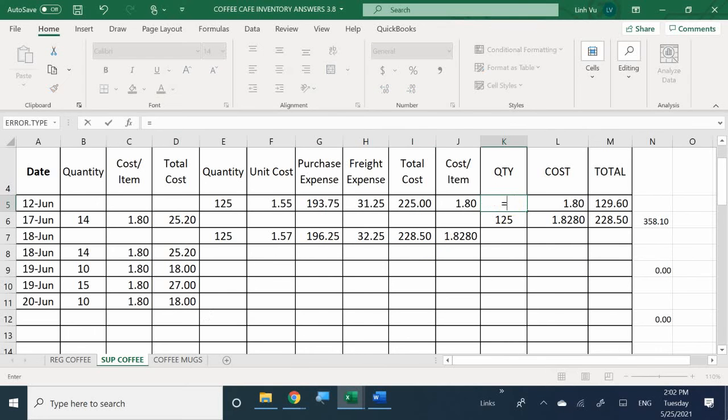So the 72 minus 10, 62. Okay. So that should bring us down to 340.10.